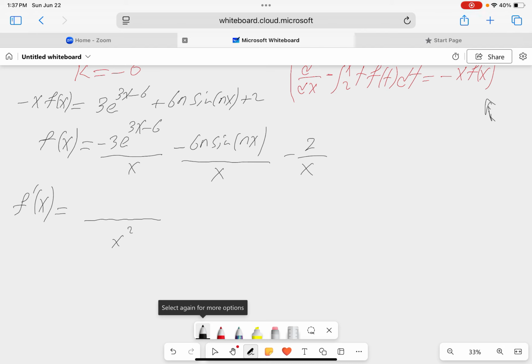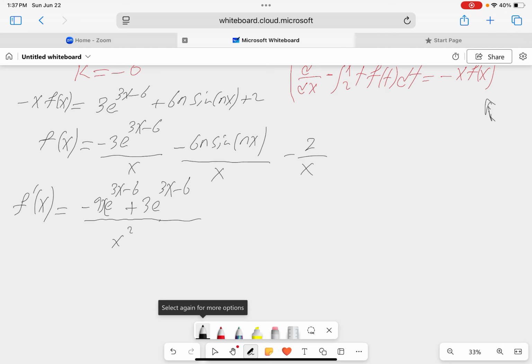The derivative of the numerator is negative 9e to the power of 3x minus 6 times x, and then the derivative of x is 1 times the numerator, which is plus 3e to the power of 3x minus 6. So we got the first term's derivative.